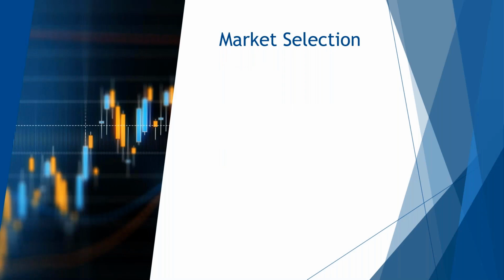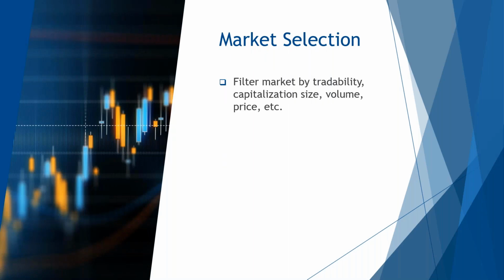So the first part of our process is our market selection. And like I said, first we're going to look at tradability. In other words, when I go to choose candidates to trade, I want to make sure that I'm comfortable with that particular candidate in terms of some variables.